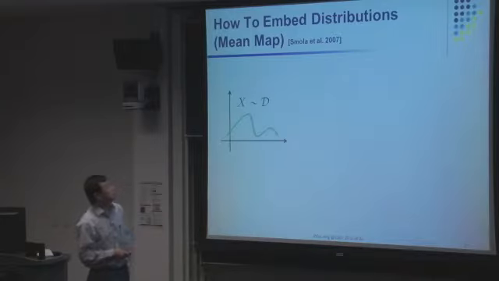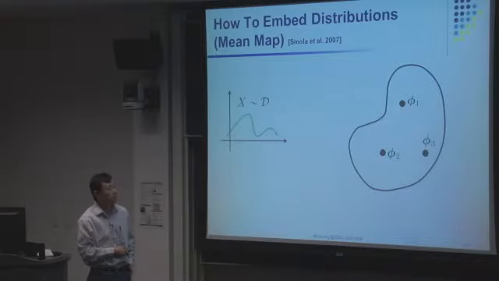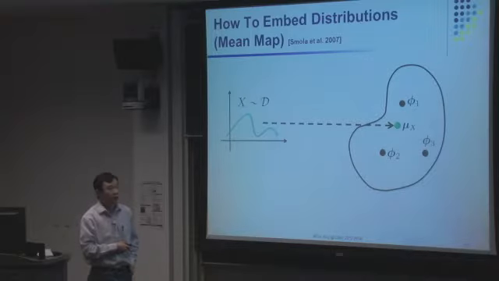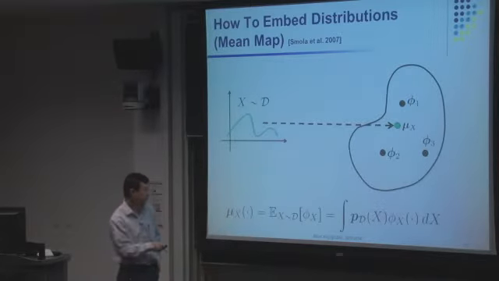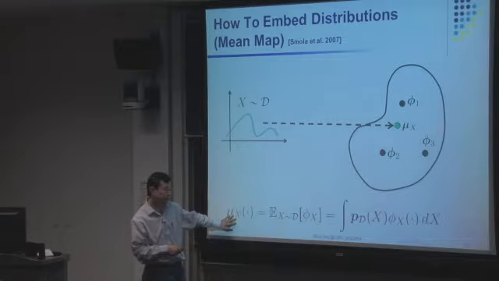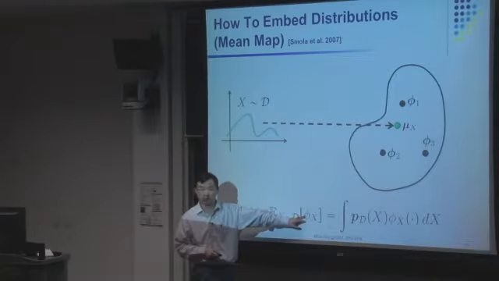Okay, so now let's talk about how to embed a distribution. That goes back to our story. We have this whole thing, which is complicated, and I have data points x1, x2, x3, and I'm going to now embed the distribution in the Hilbert space. How should I do that? Well, analytically, you can see that the mean vector, by definition, is the expectation of the transformed vector in here.